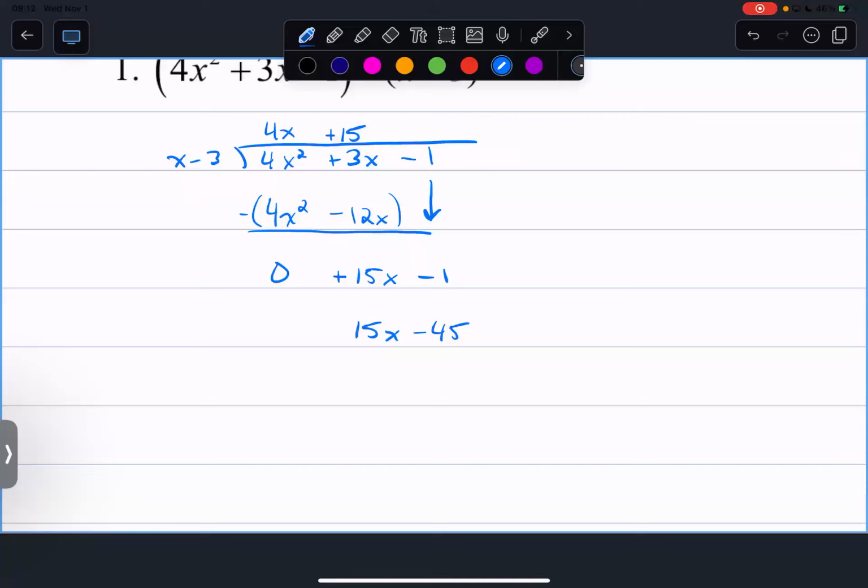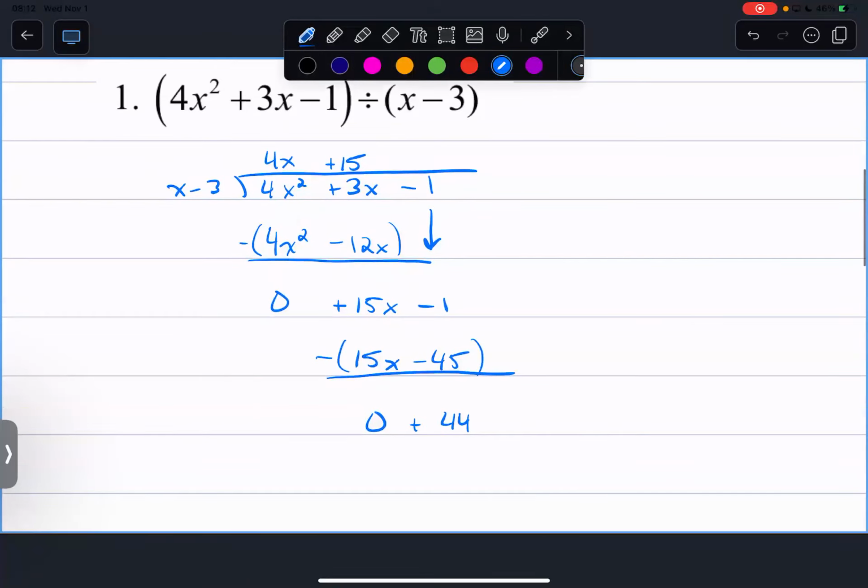Is that true? Okay, thanks. Subtract that. This goes to 0. Negative 1 plus 45 puts me at plus 44, which is my remainder.